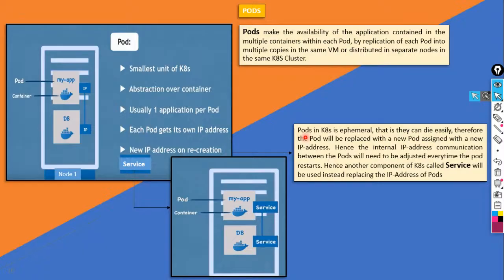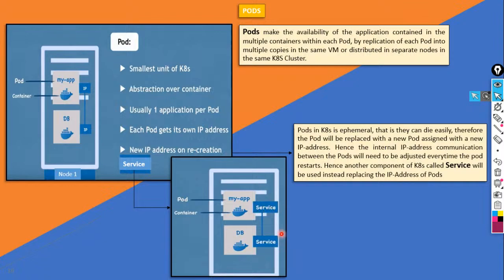Because it's a new IP address, your network has to readjust with the new IP communication. Hence, there was a requirement of creating another component of Kubernetes called service, which is used instead of the IP address of the pod.